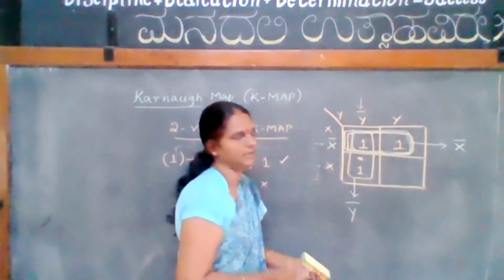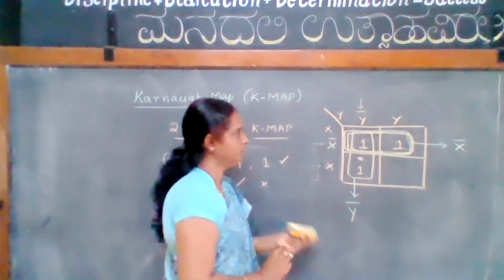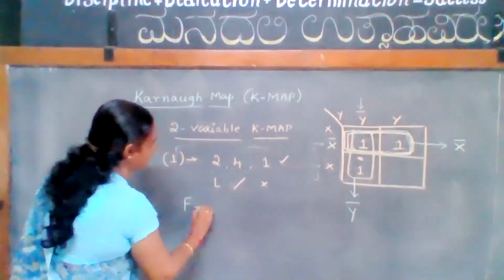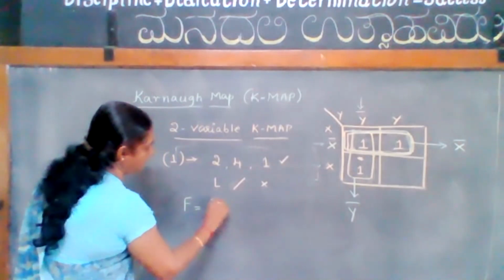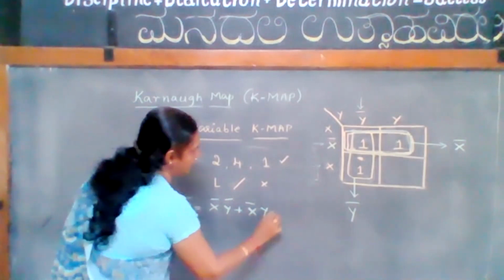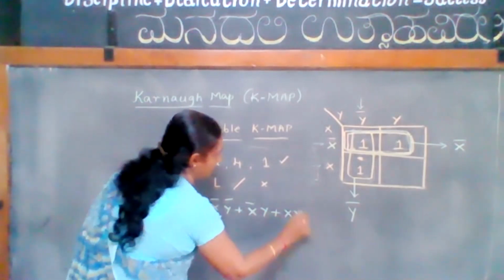How to write the final expression for our given expression? Our given expression was f is equal to x complement y complement plus x complement y plus x y complement.